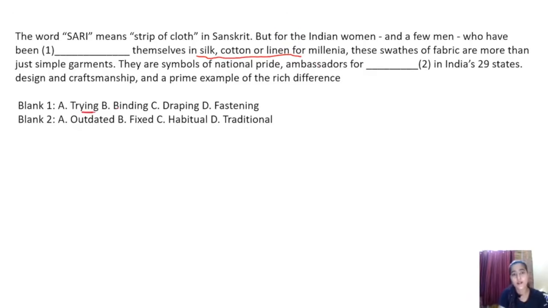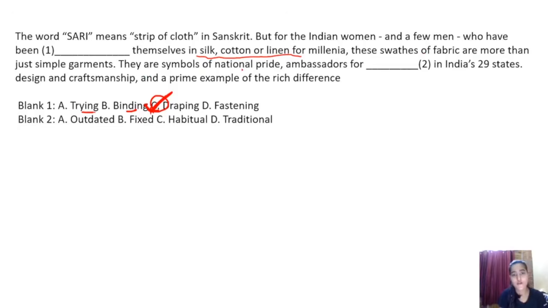With the sari or any kind of cloth that we are using, we say draping. Draping the sari. So draping should be the correct word here: who have been draping themselves in silk, cotton, or linen for millennia.